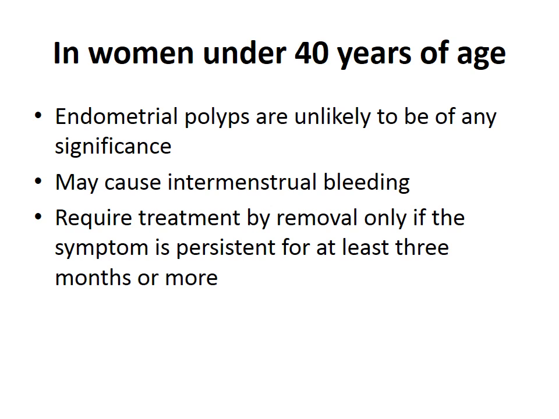But once they cause symptoms, and the commonest presentation is intermenstrual bleeding, and if this symptom persists for at least 3 months or more, they can be considered for removal.